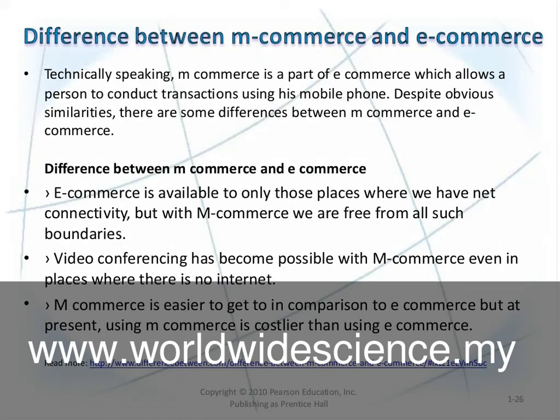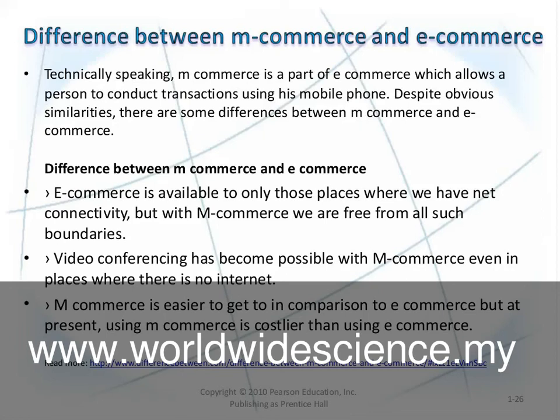E-commerce is available only in those places where we have net connectivity, but with m-commerce we are free from all such boundaries. So with e-commerce, you need to access the internet, go to their websites and do the e-commerce activities. But with m-commerce, since everything goes through your mobile phone, you use the telecommunication networks.